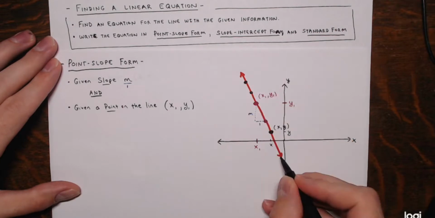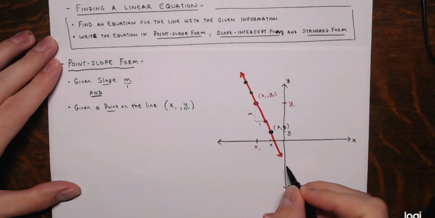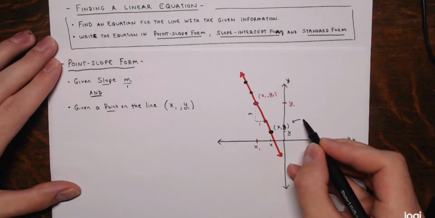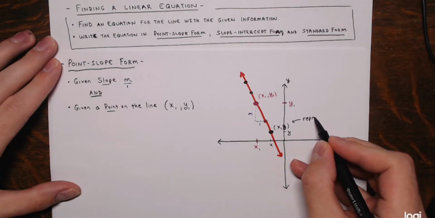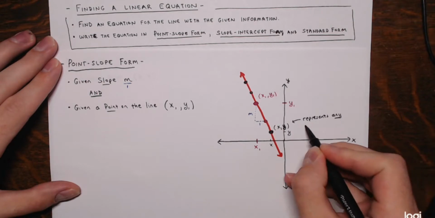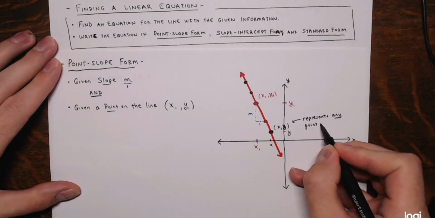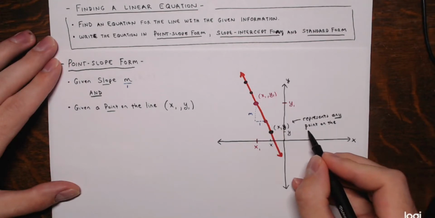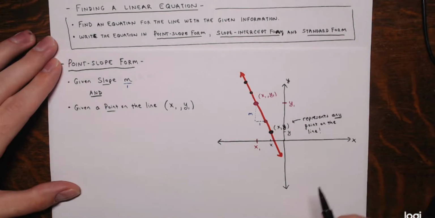I can move this around to any point on the line, right? So this xy that I have here represents any point on the line that isn't the point that I gave you, that isn't the point that we're given.